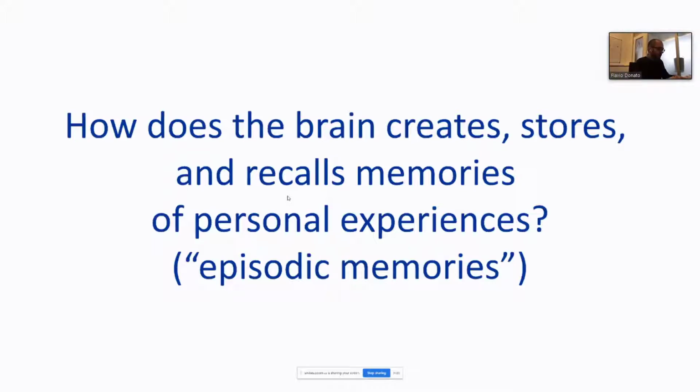Okay, so we now move to a very interesting and historically nice lecture. I chose it as a case study that can illustrate how you go from asking a very important question about the functions of the brain down to the cellular and molecular details of how this phenomenon is created in the brain.